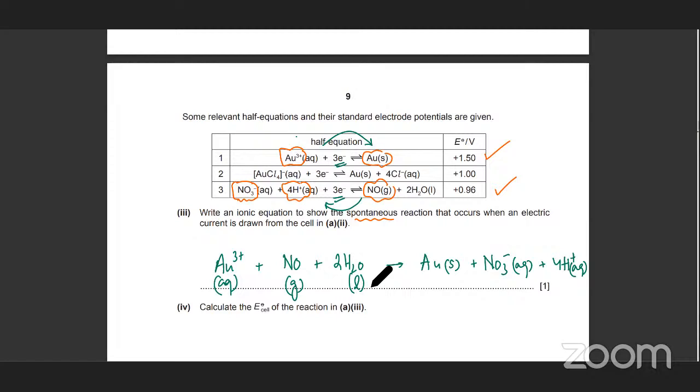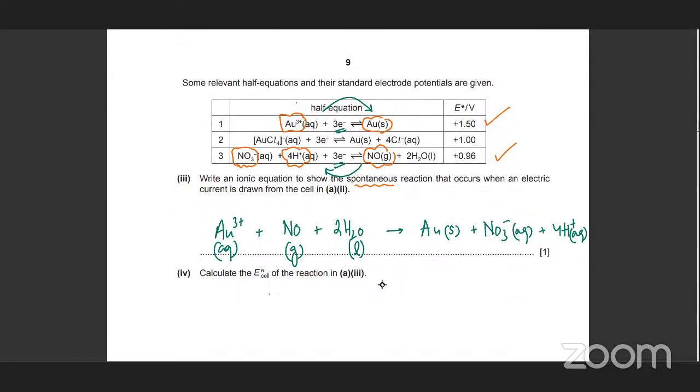And calculate the E naught cell for the reaction. So that's higher potential minus lower potential, or reduction potential minus oxidation potential. So 1.50 minus 0.96, and that gives you 0.54 volts.